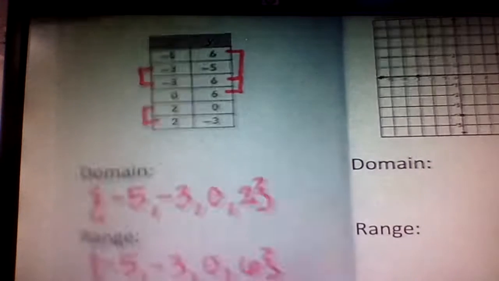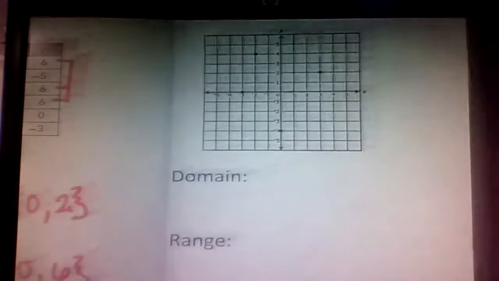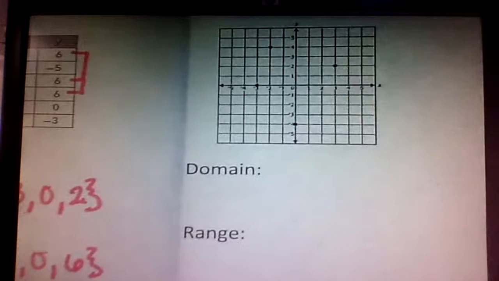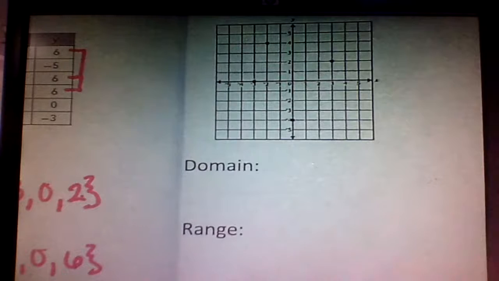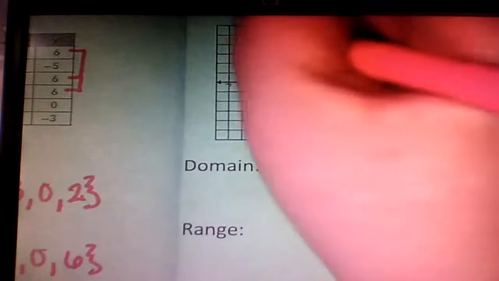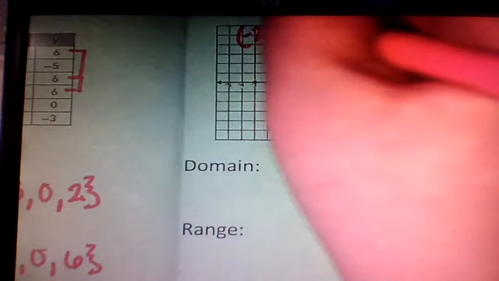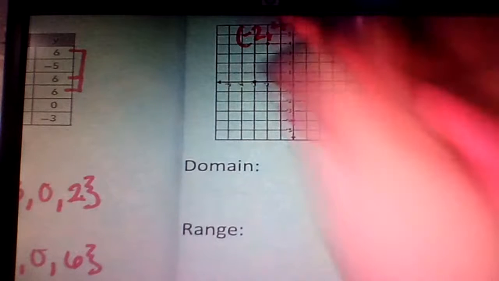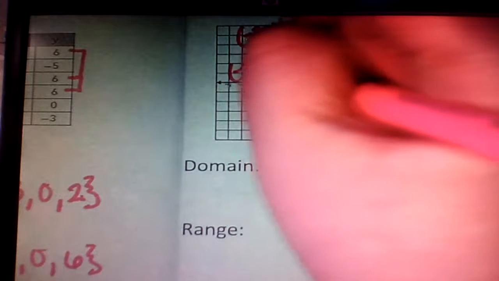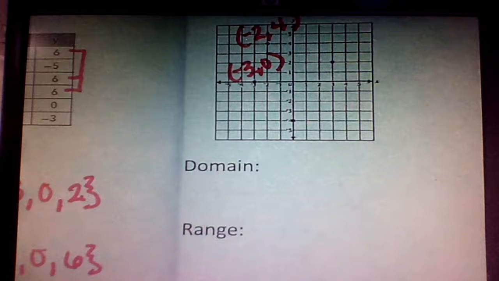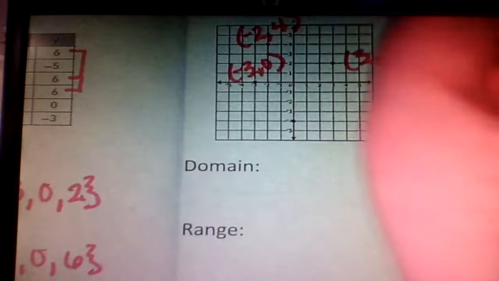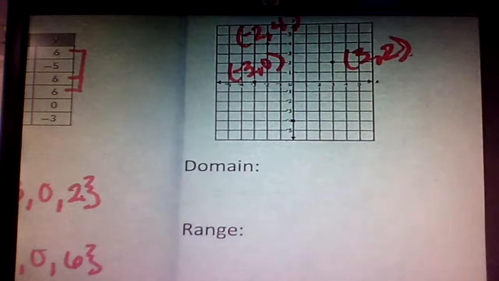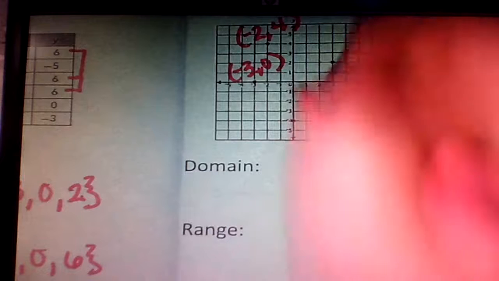Okay. Last one, here's another graph. Okay, so I would list out all of your points first. So we've got a point at, this is -2, 4, -3, 0, 3, 2, and 0, -4.